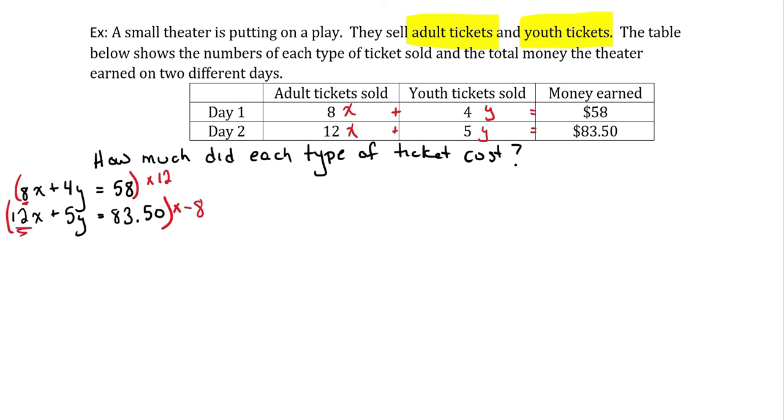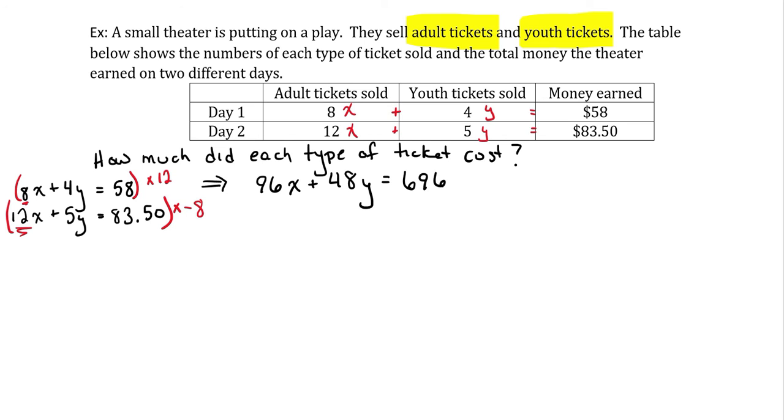So let's start writing. We have 8x times 12. 8 times 12 is 96, so this becomes 96x plus 4 times 12, 48y equals 58 times 12, which is 696. So we multiplied every number here by our 12.